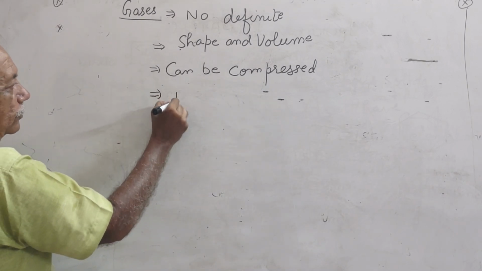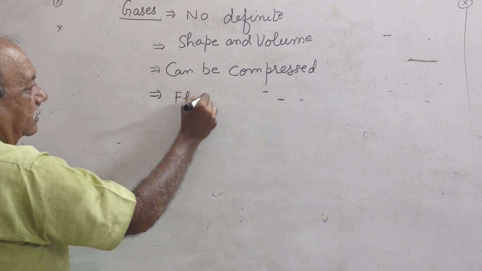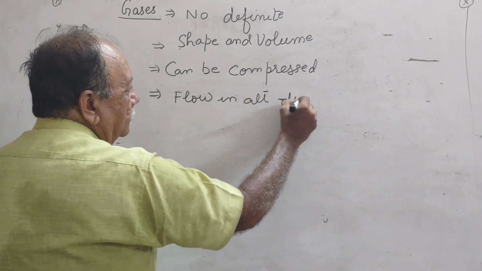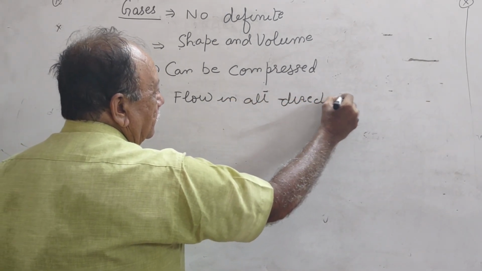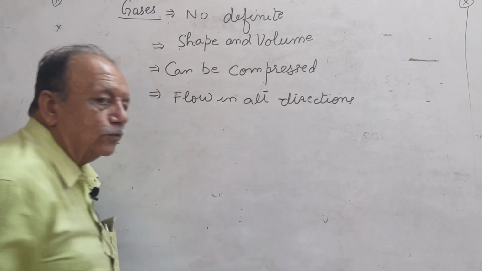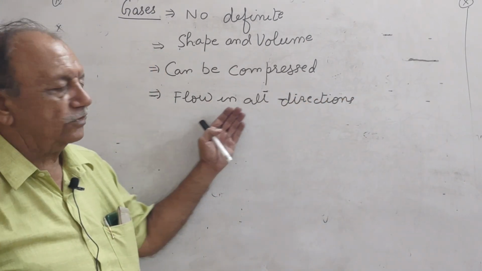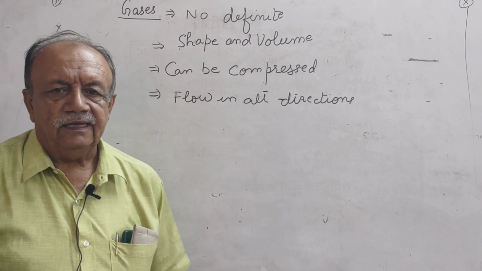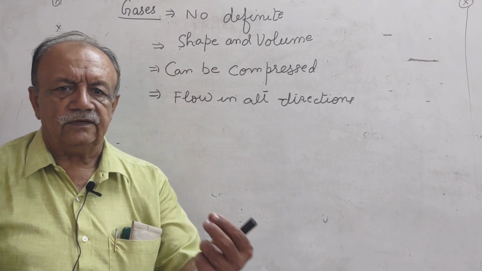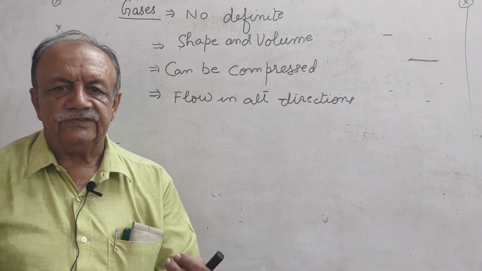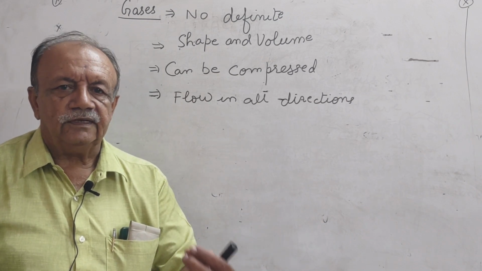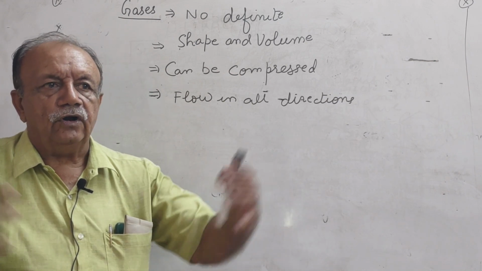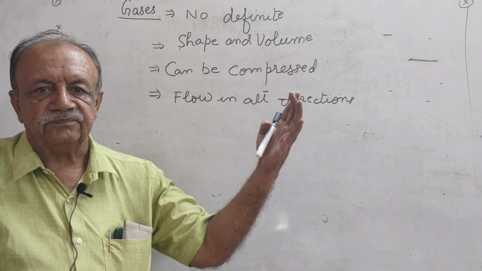Gases flow in all directions. Very simple: light an agarbatti in one corner of the room, and you will get its smell in all directions of the room.